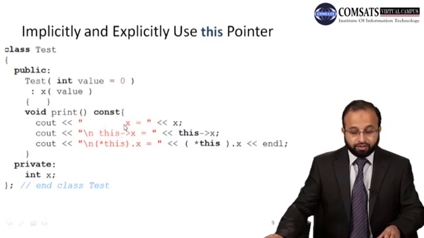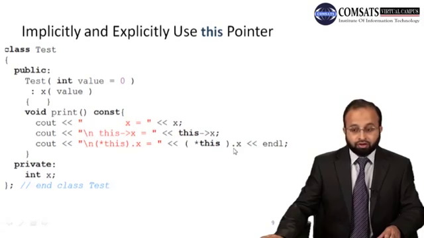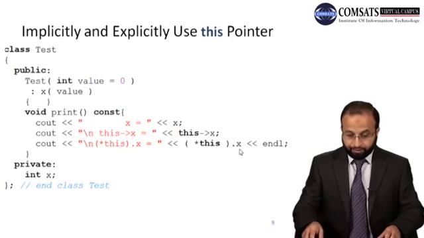Now you can use it explicitly or implicitly, right? So in the first cout we directly access the value of x. Here the this pointer is actually used implicitly, but here we explicitly mention that we are using the this pointer to access the value of x. You can write this arrow operator x, or you can dereference the pointer by *this, then use dot x, right?